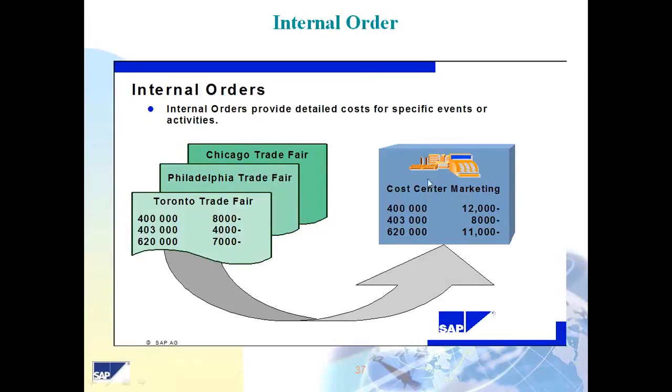For example, the marketing department conducts many trade fairs, and they want to monitor the cost for each trade fair. There are certain limitations to the cost center that can be avoided by maintaining internal orders. So we can control the cost at the micro level, whereas the cost center level can monitor the cost at the macro level.